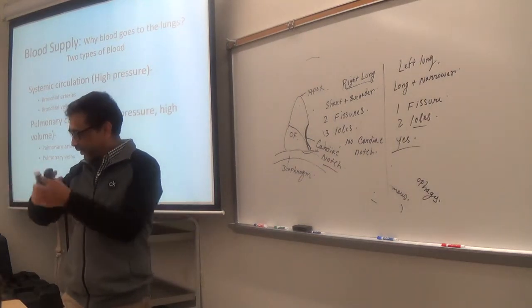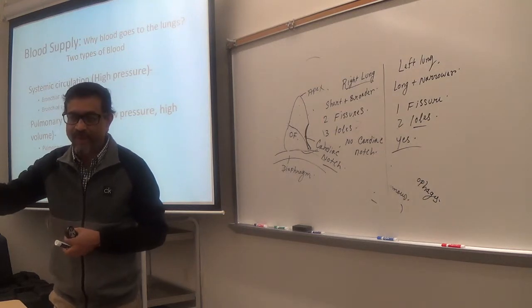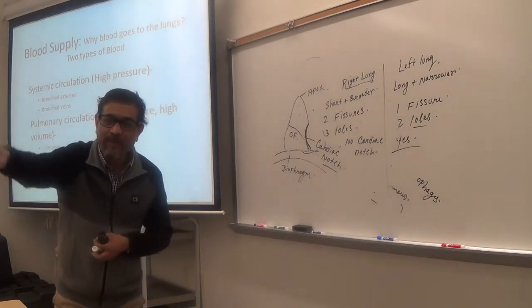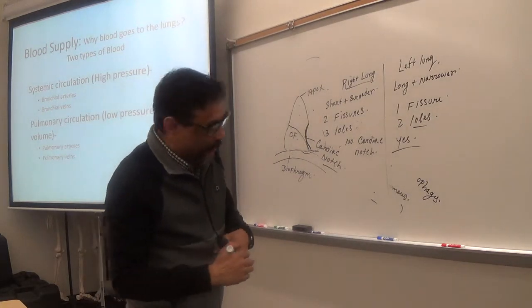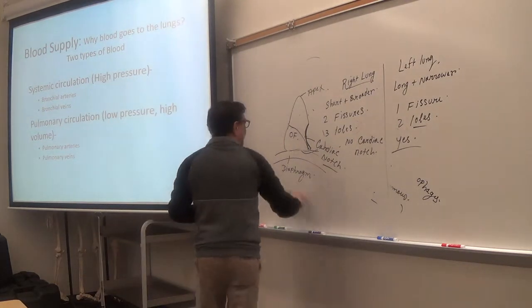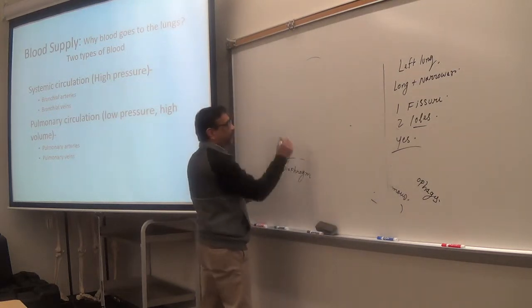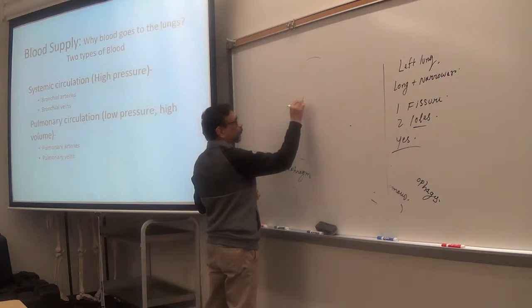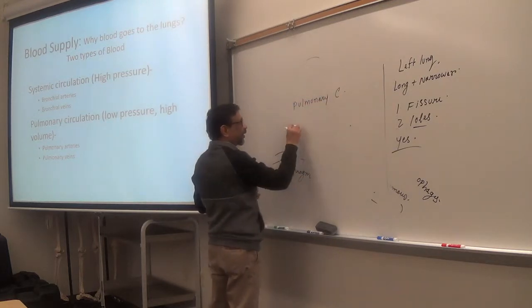Pulmonary is to get the oxygen from the lung, right? And systemic is to give oxygen to the lung tissue. Is that clear? Okay. So the lung receives blood from both pulmonary circulation and systemic circulation.